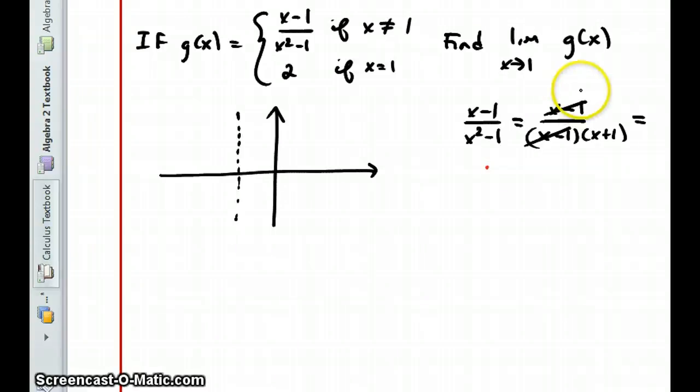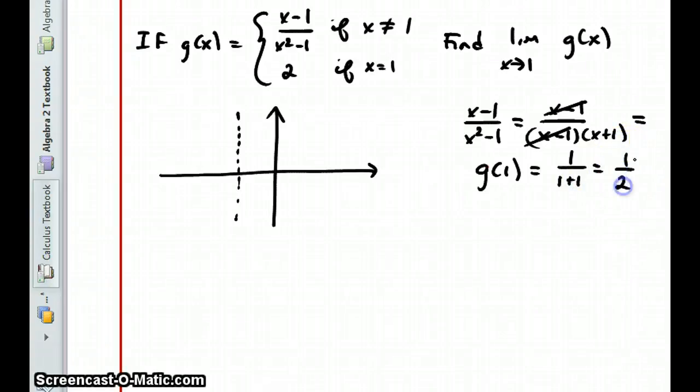And since the x minus 1 over x minus 1 were like factors that cancel out, we're going to end up having a hole at x equals 1. And to figure out the y value of the hole, we plug in 1 into the reduced fraction, so we end up with 1/2. So this is going to have a hole at the point (1, 1/2).